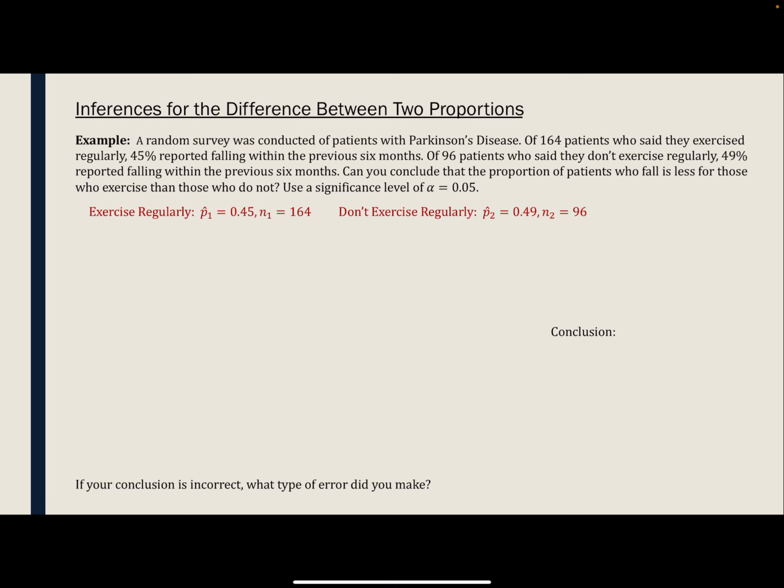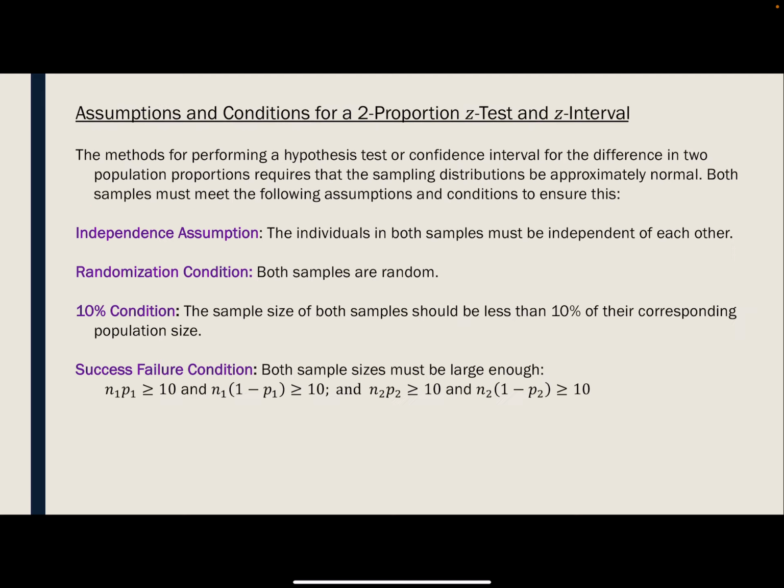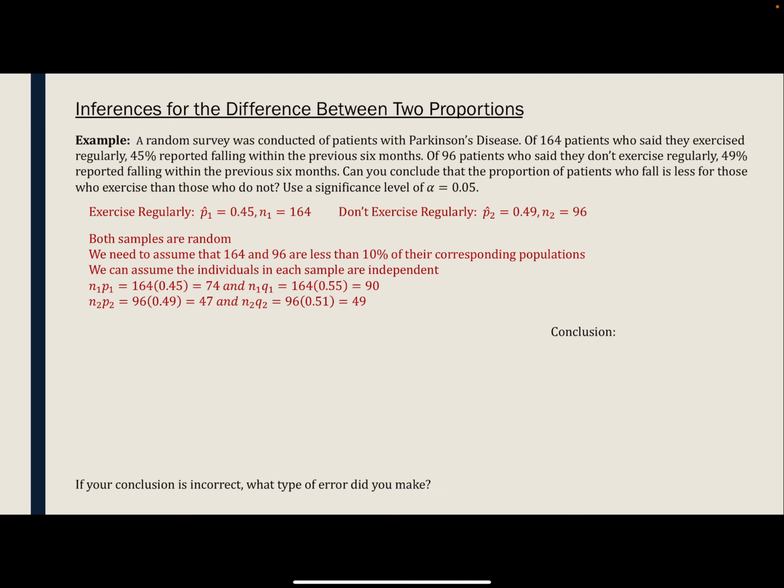And we're going to quickly look at the assumptions and conditions. Again, we have to check both of them. This can be a little bit tedious, but we want to say that both of the samples are random. It does tell us right in the problem that both samples are random. I personally don't know how many people have Parkinson's disease, and of the people who have it, I don't know how many exercise or don't exercise.